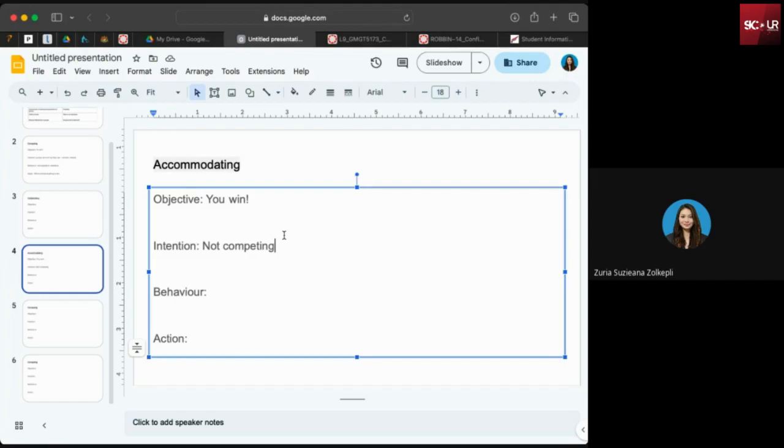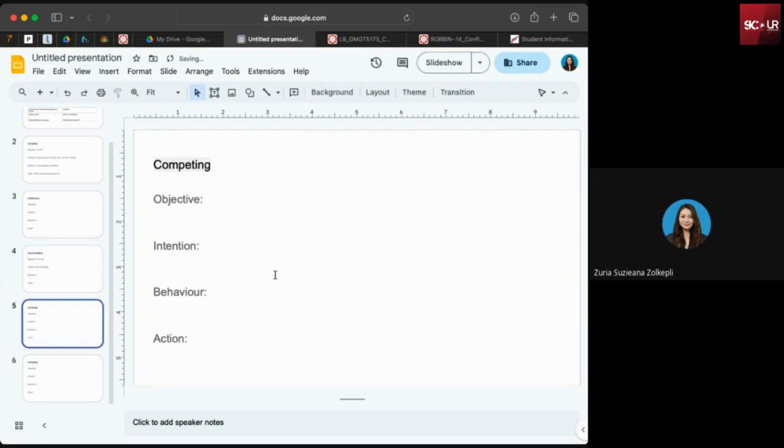Alright, okay. Let's say I want to do this, and then another person says, but I think, or I have another opinion, then they will say okay, we follow you, right? So the behavior here is unassertive. Okay, compared with the previous one, it's unassertive, but they are cooperative.